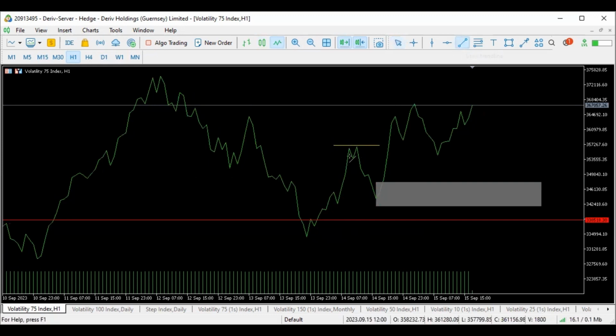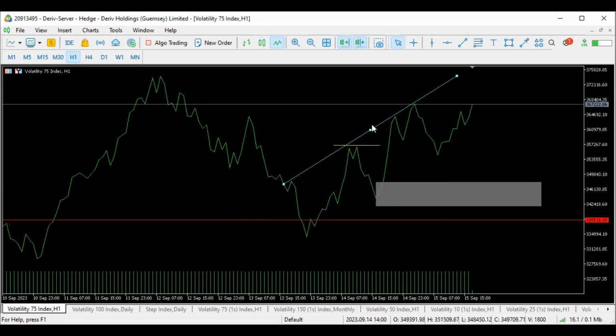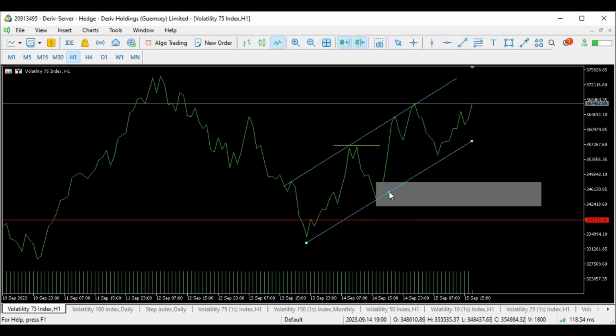Yeah. And even if we are to put our channels again, just to make our work a little bit nice and neat, you will see that, okay, let me change this color to another color. Even if we are to put our channels, it is something like this.